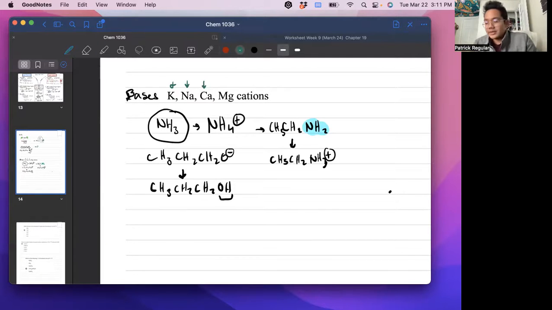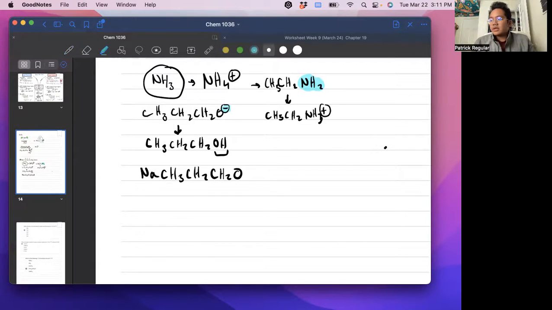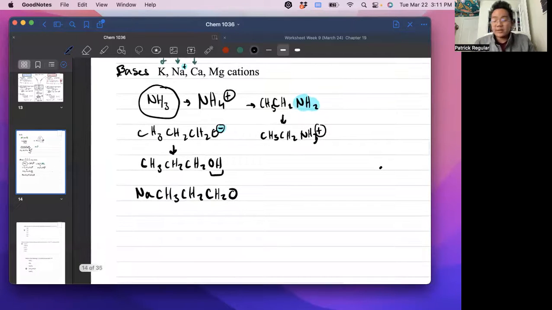Those are the pretty common ones. And you might see compounds like NaCH3, CH2, CH2O. You see that there's no net charge because the minus charge right here is the counter ion for the plus charge on the sodium, right? Plus 1 and minus 1 makes 0.